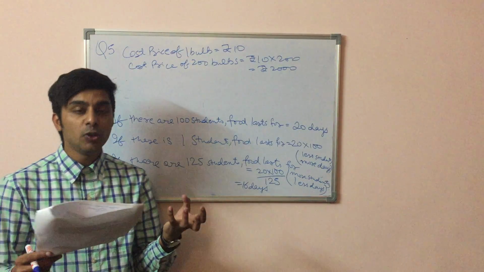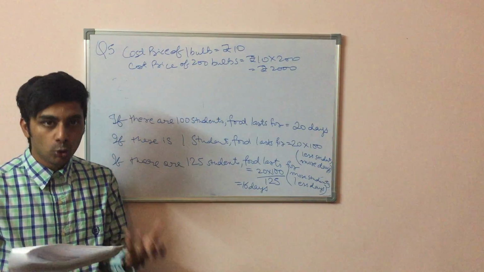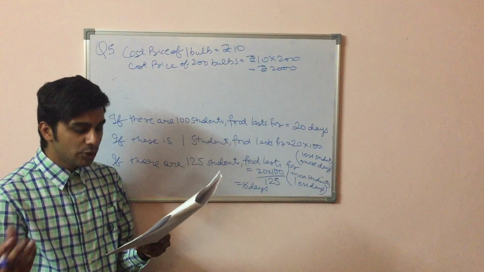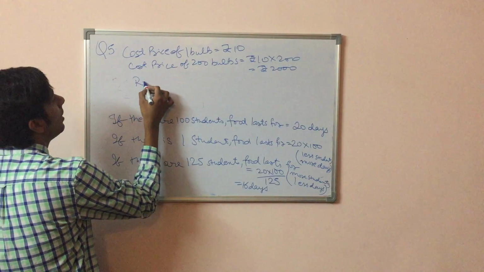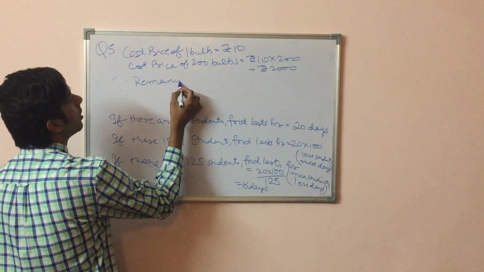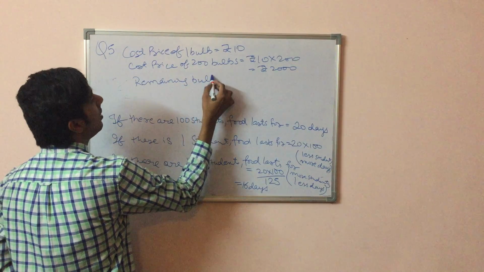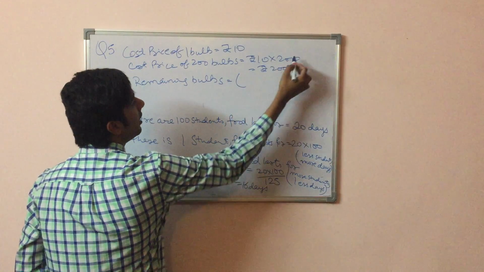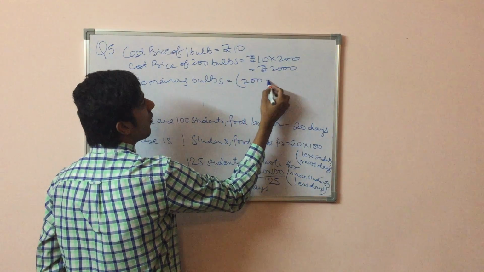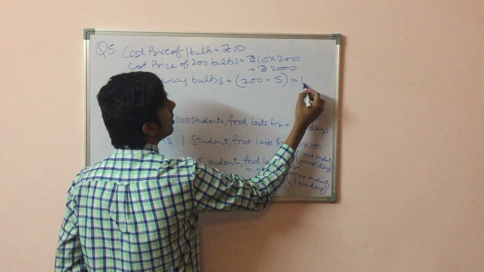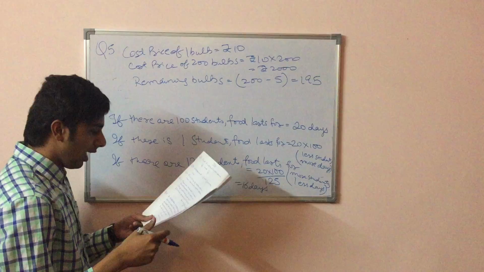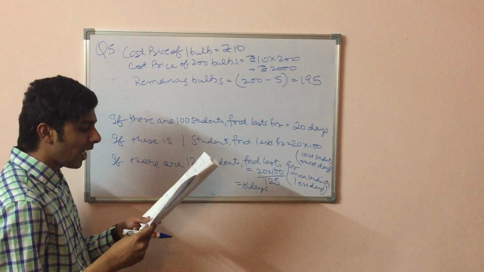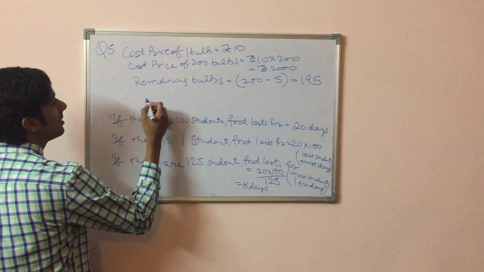If the 5 bulbs were fused, it means that they are of no use to us now and had to be thrown away. The remaining bulbs, earlier there were 200 bulbs, 5 got fused, so remaining bulbs is 195, right?